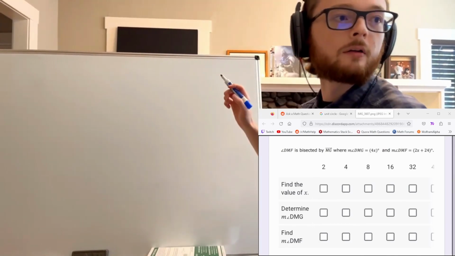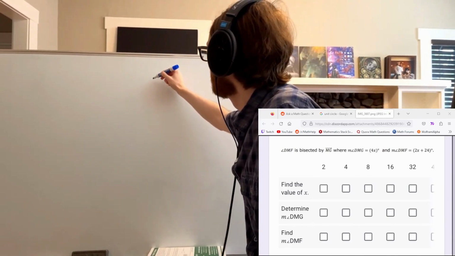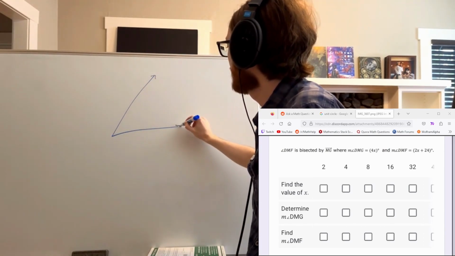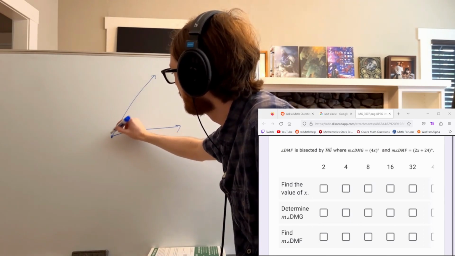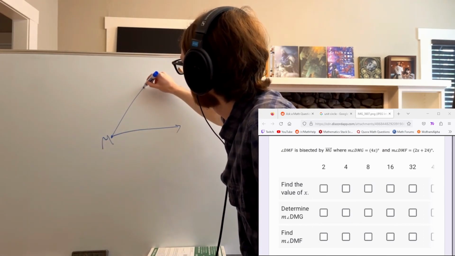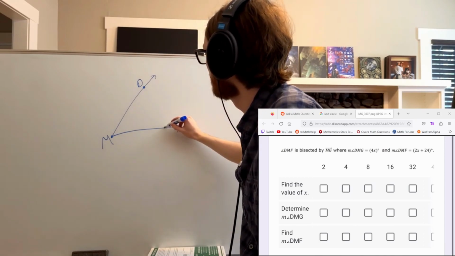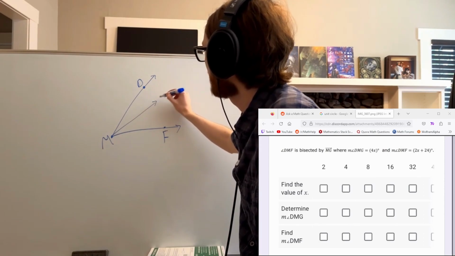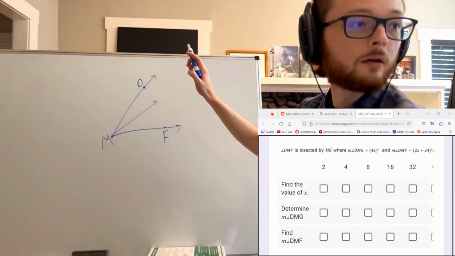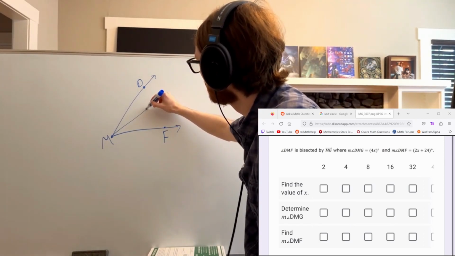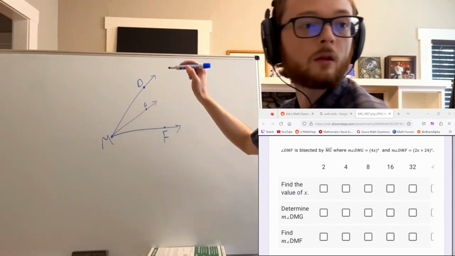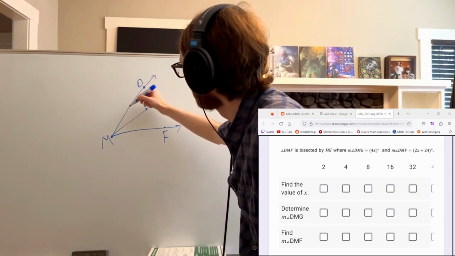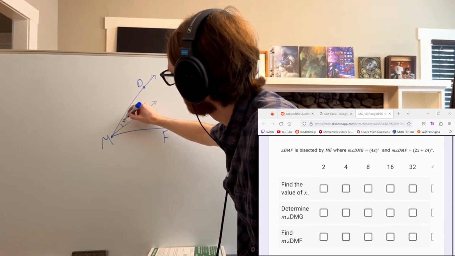Okay, so we have an angle DMF, M D F, is bisected by MG. DMG is 4x degrees.